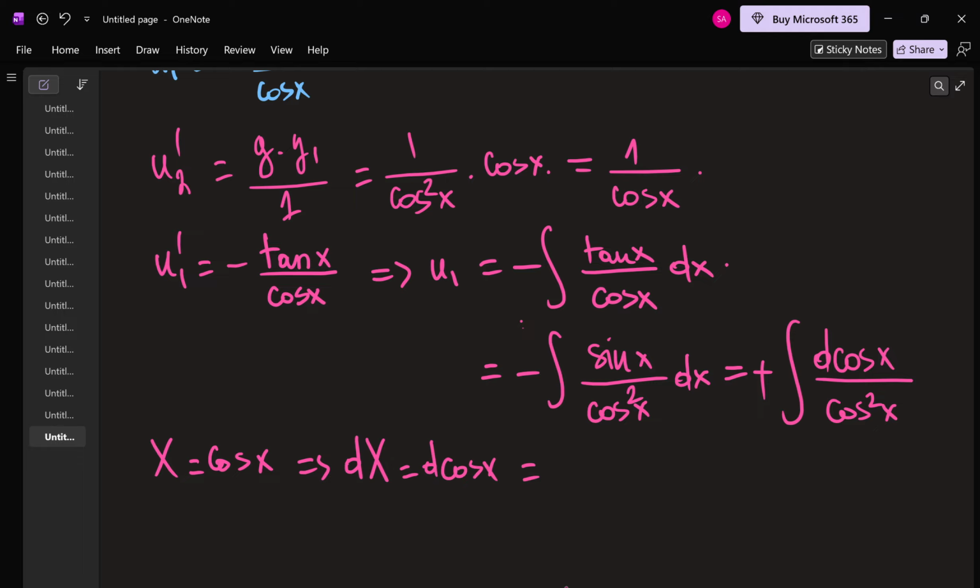So this is actually equal to the integral of big X over x squared, which is equal to, so if you take the x to the numerator, it becomes x to the power minus 2. You integrate, it becomes x to the power minus 1. So it becomes something like this, minus 1 over x to the power minus 1 here.